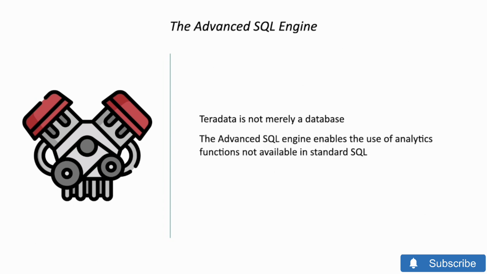And it is the analytics capabilities that are enabled by the Advanced SQL Engine. This not only allows SQL queries to be executed in the most efficient manner, it also supplies various functions that are not part of standard SQL. And many of these functions are to do with advanced statistics and machine learning.